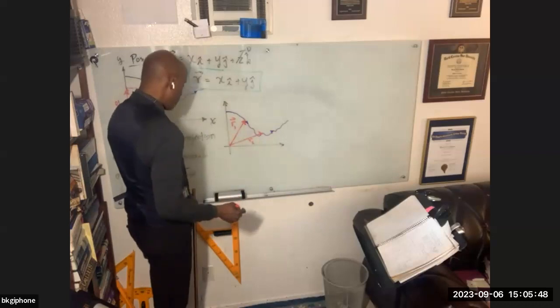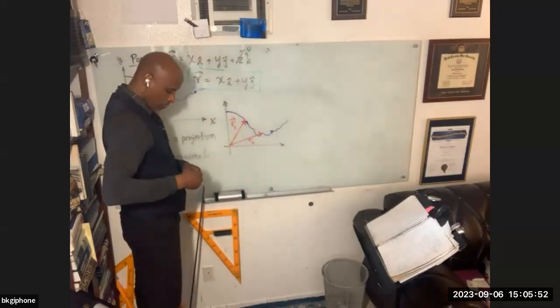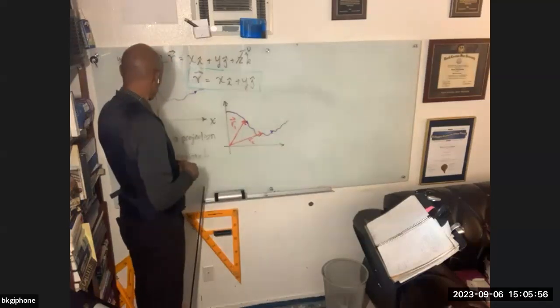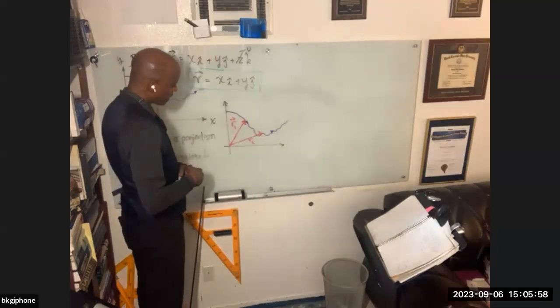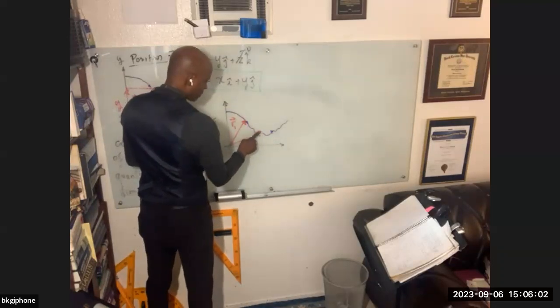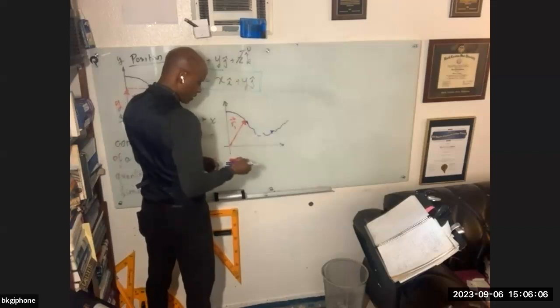Now, both R1 and R2 have their own components. Why don't I make this a different color? Let's make it green.